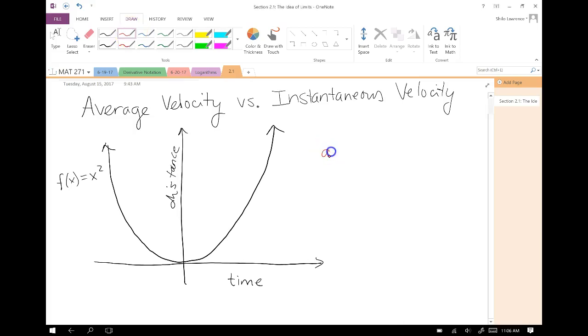So our average velocity has to do with totals. So it's our total distance over total time.